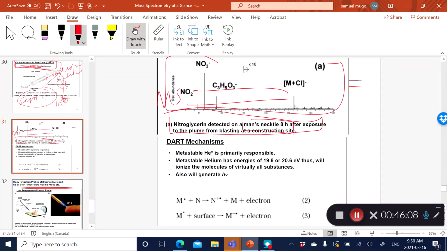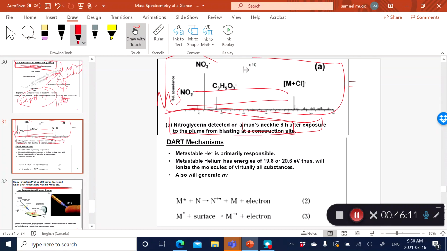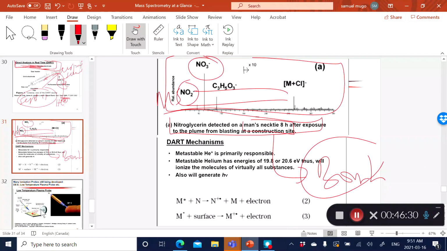This is the mass spectra that he generated. Based on that, you can tell if this person is carrying something like an explosive. If I see a lot of nitrate-based compounds, then possibly there is a bomb present.